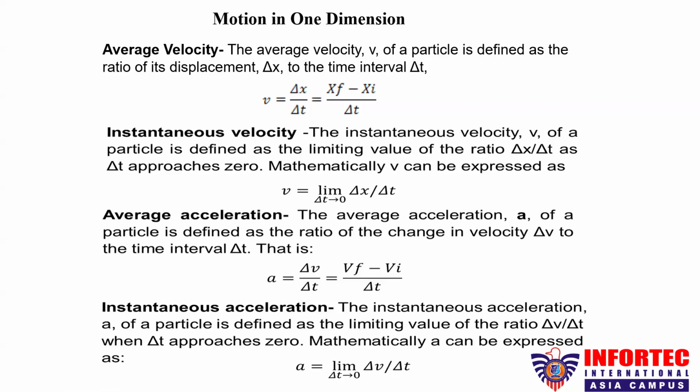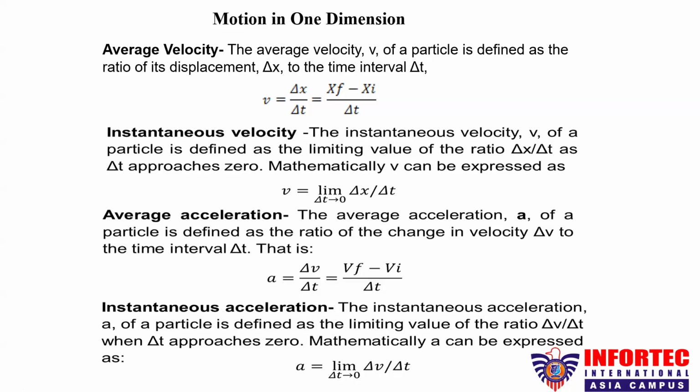This is the average velocity. Then the other one, at one point in time, we call instantaneous velocity. The instantaneous velocity v of a particle is defined as the limiting value of the ratio delta x over delta t as delta t approaches zero. Approaching zero means an instant of time, right?